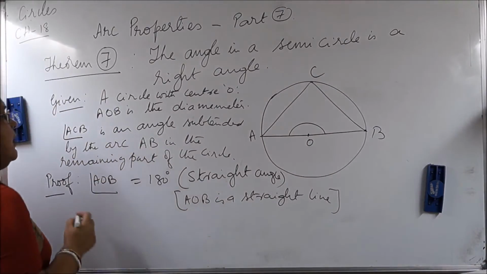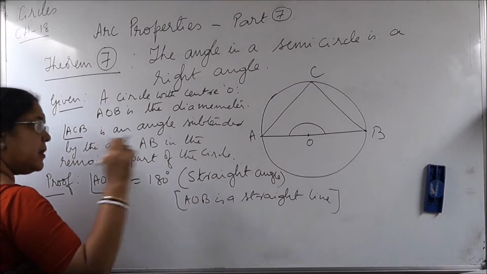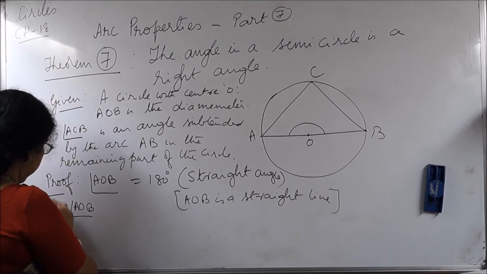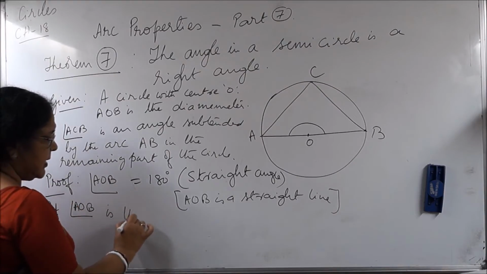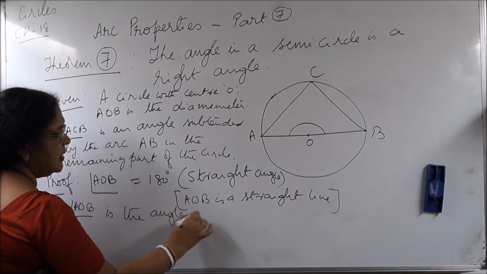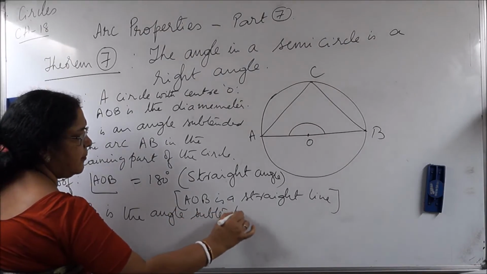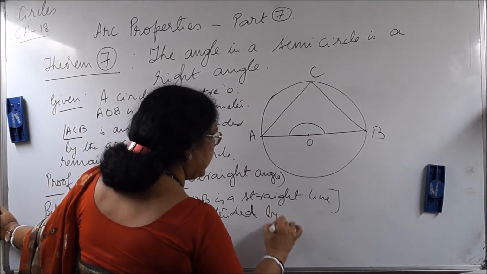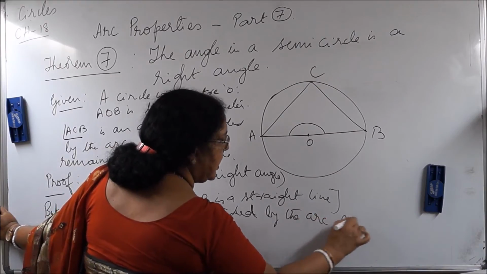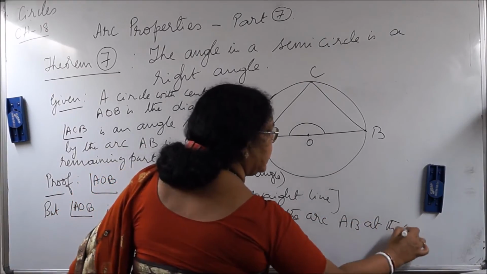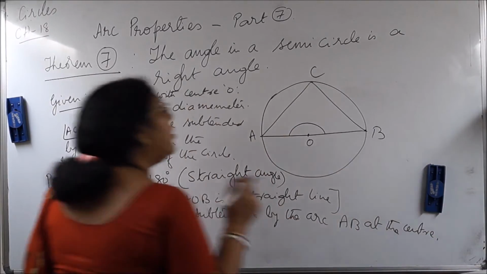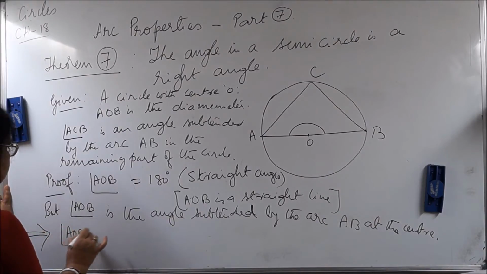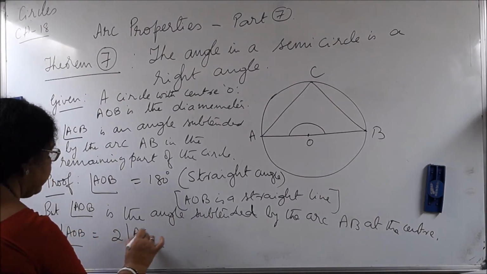Now, angle AOB is 180 degrees. But what is angle AOB? Angle AOB is the angle subtended by the arc AB at the center of the circle. So, according to our previous theorem, angle AOB is equal to twice angle ACB.